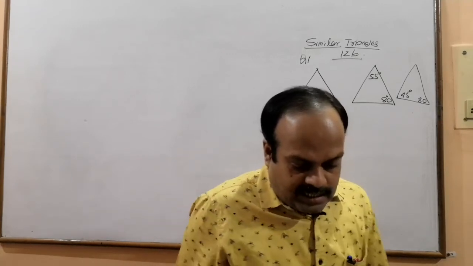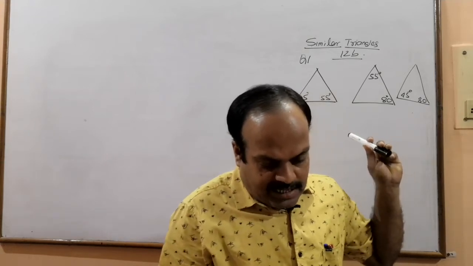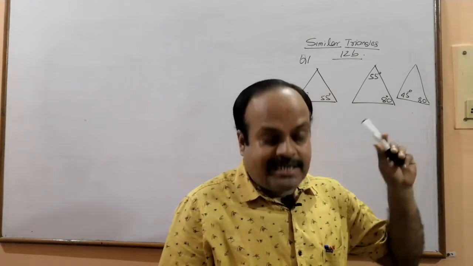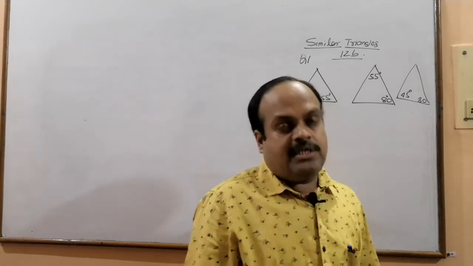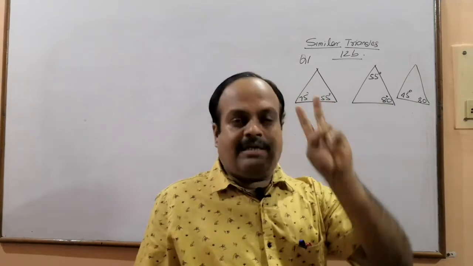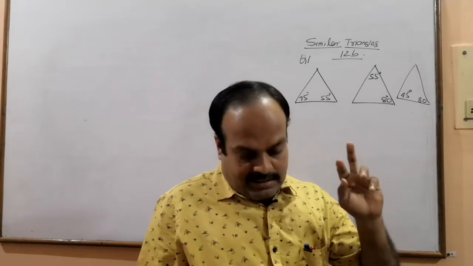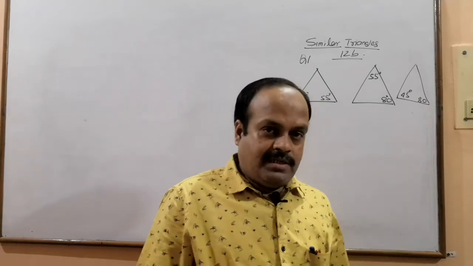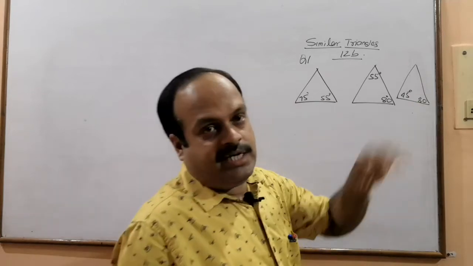In each question, name the one that is different, that is not similar to the other 2. Out of 3 triangles, 2 triangles are similar, the third one is different. So, we have to find that third triangle out of 3.